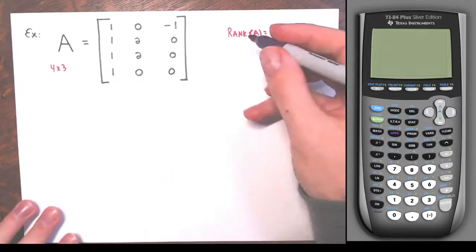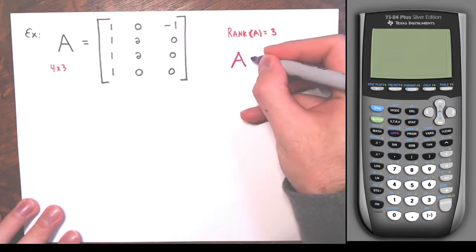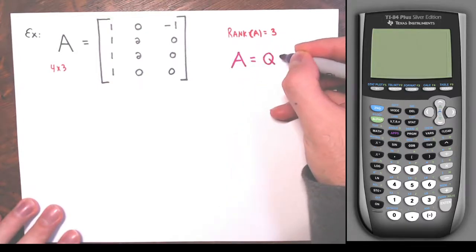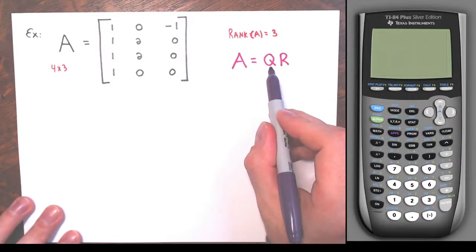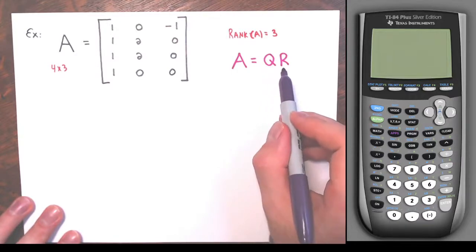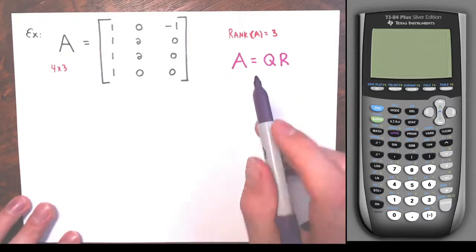So again, I want to write A as Q times R, where Q has orthonormal columns and R is upper triangular and in fact equal to Q transpose times A.